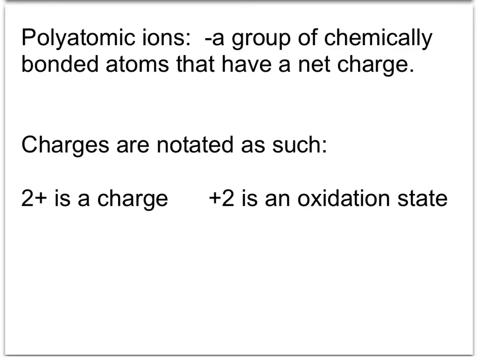This is not a charge. Okay, +2 is an oxidation state. You'll learn about oxidation states later. The thing that's kind of confusing is that many times charges and oxidation states will be the same, but sometimes they're different. So, if we're writing something with a charge, largely I want you to write it with the numeral first, followed by the plus or minus.